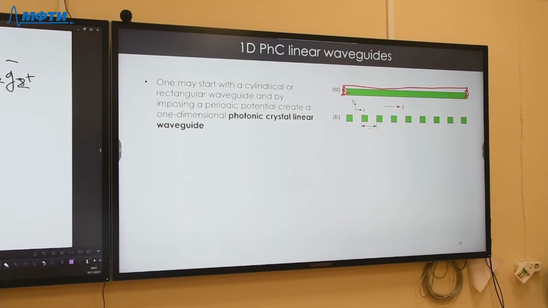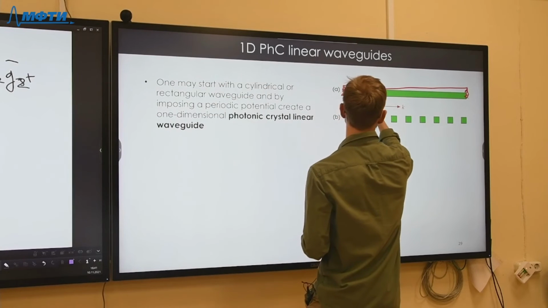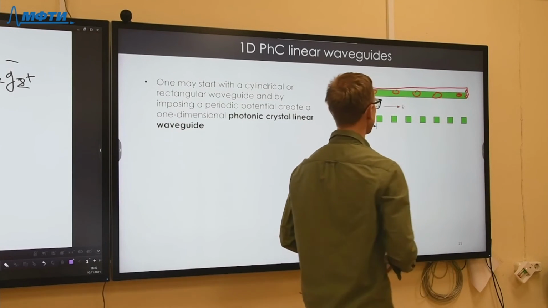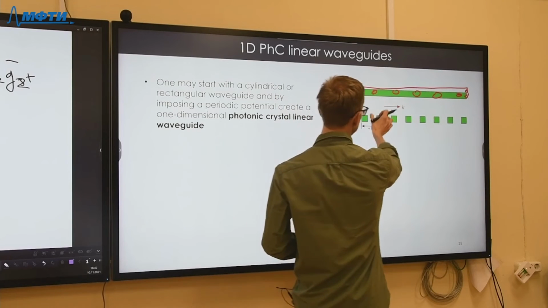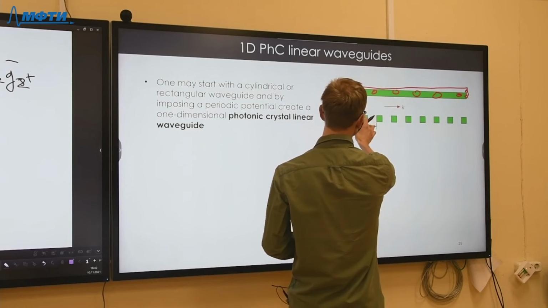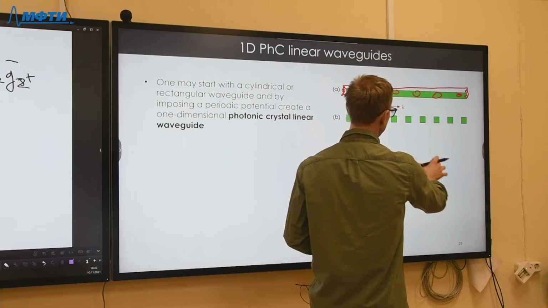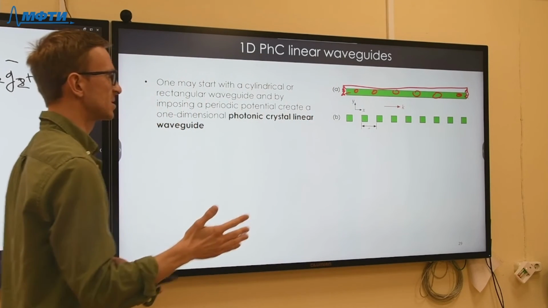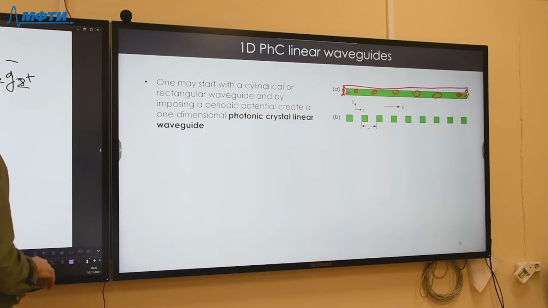But now what we do is that we cut this waveguide and we impose some periodic potential. For example, we can make a series of holes here. We can drill a periodic lattice of holes, so we can completely remove certain elements and even turn this waveguide into a series of disjointed pieces that are not joined together any longer.